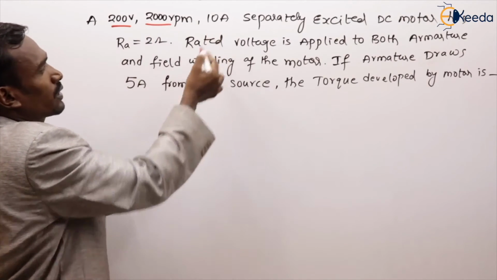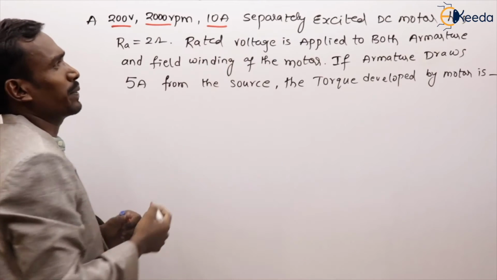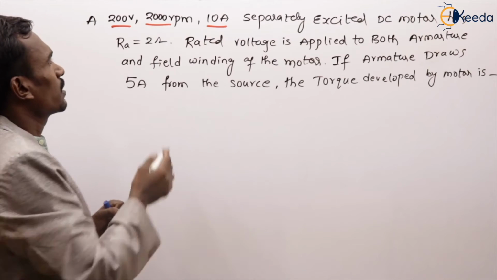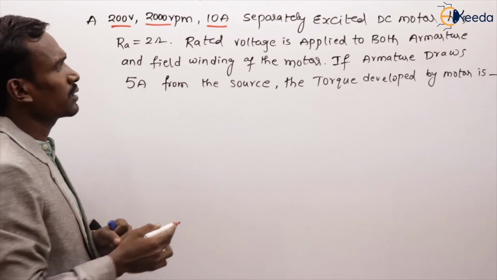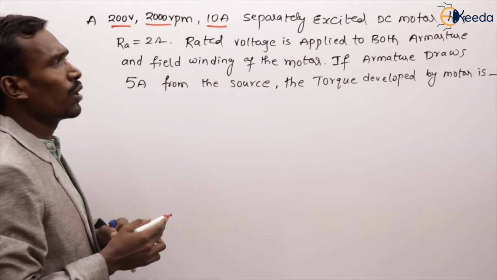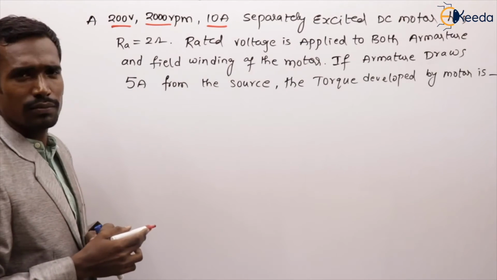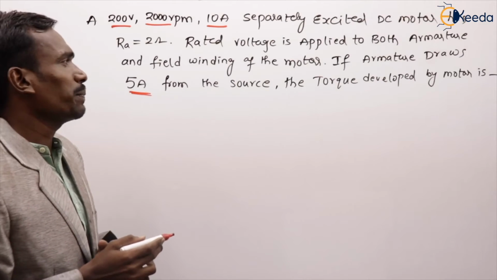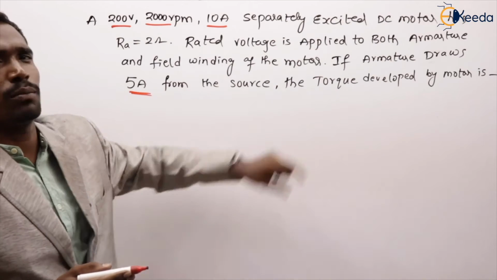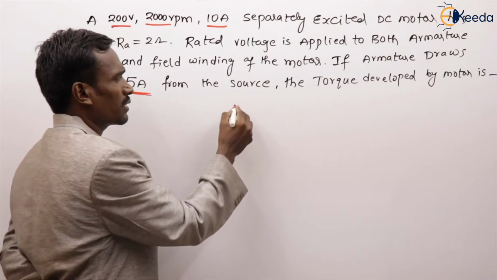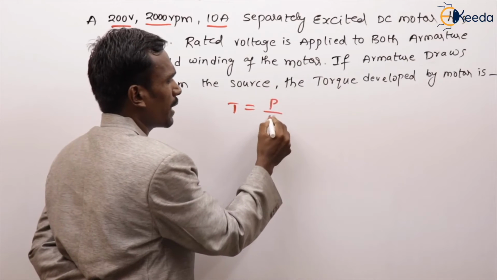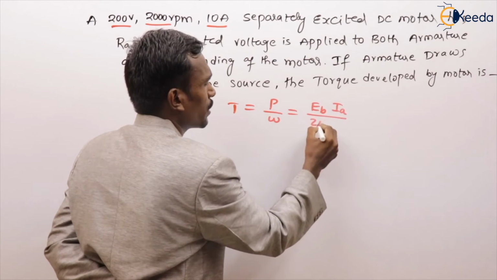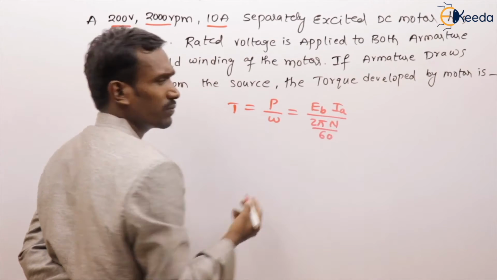200 volts, 2000 RPM, 10 amperes separately excited DC motor has armature resistance of 2 ohms. Rated voltage is applied to both armature and field winding of the motor. If the armature draws 5 amperes from the source, find the torque developed by the motor. So torque T is equal to P by omega. P is nothing but EB into IA, omega is 2 pi n by 60.